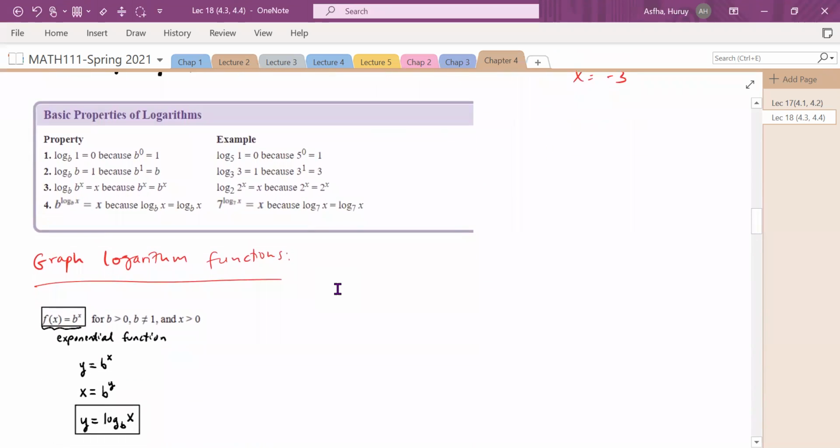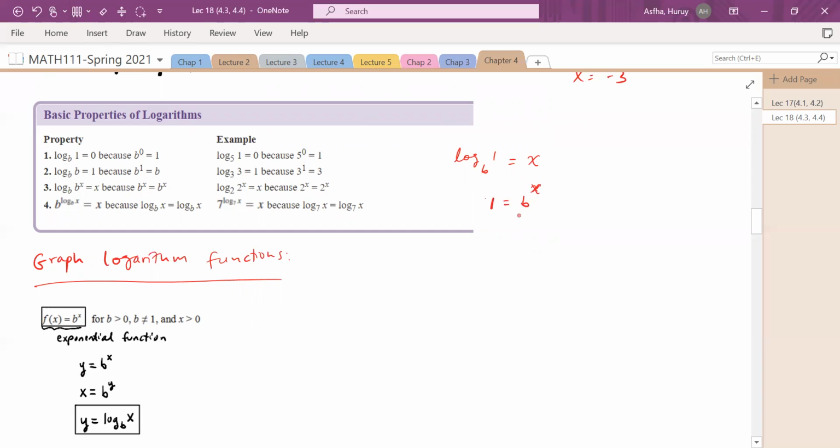Okay, here are some important properties of logarithms. The first one is log of 1 to the base b, any b, doesn't matter what that b is, is always 0. The reason is, if we write this in exponential form, 1 equals b to the power of x.